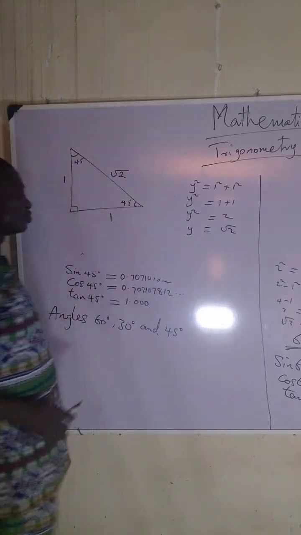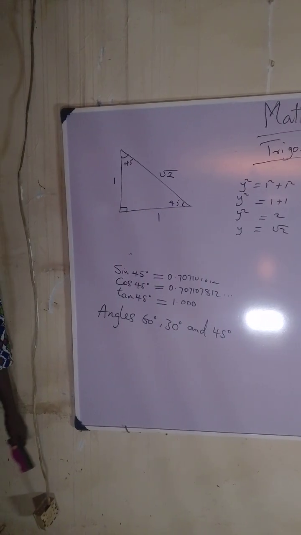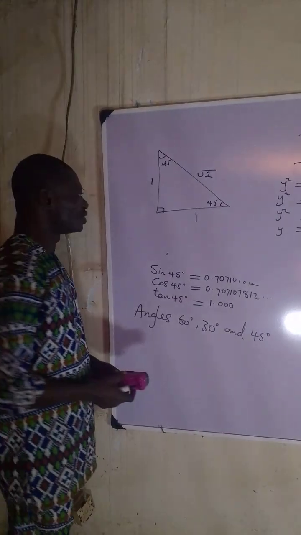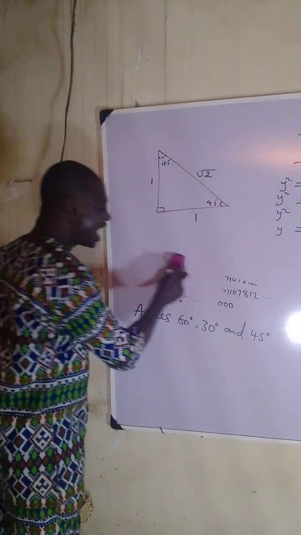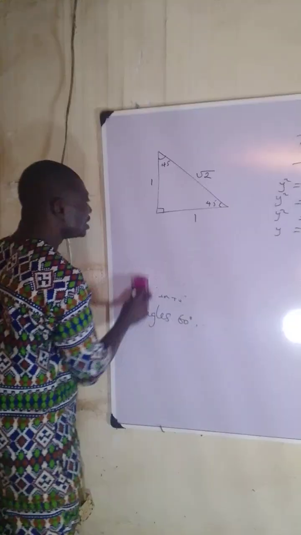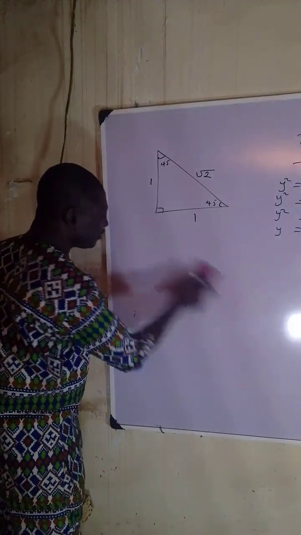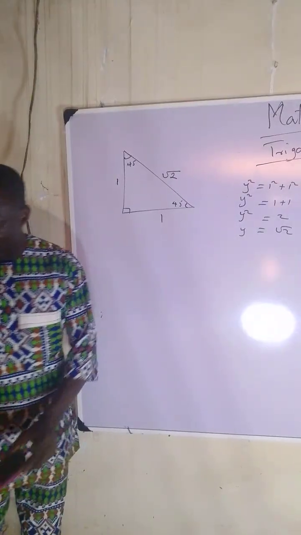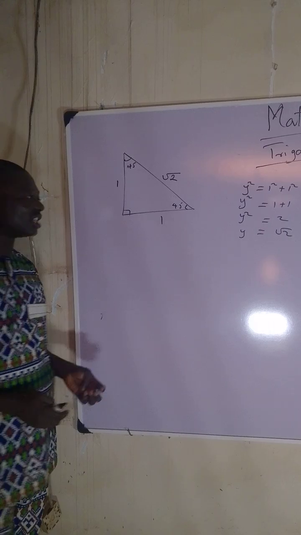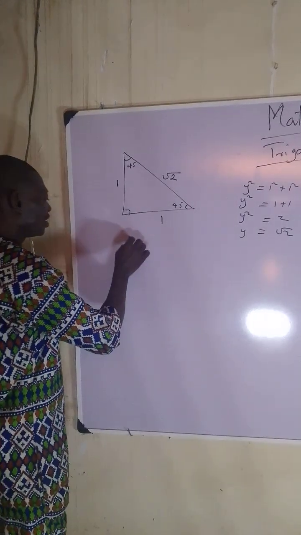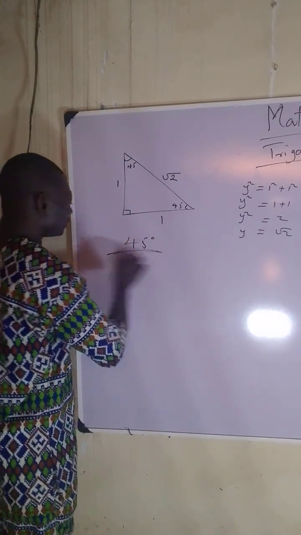That's how the root 2 comes about. And then the next thing we're going to do is to find sine of 45 degrees, cosine of 45 degrees, and tangent of 45 degrees. 45 degrees as an angle.